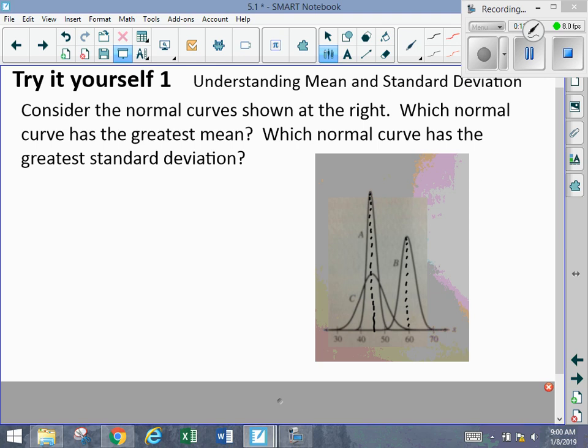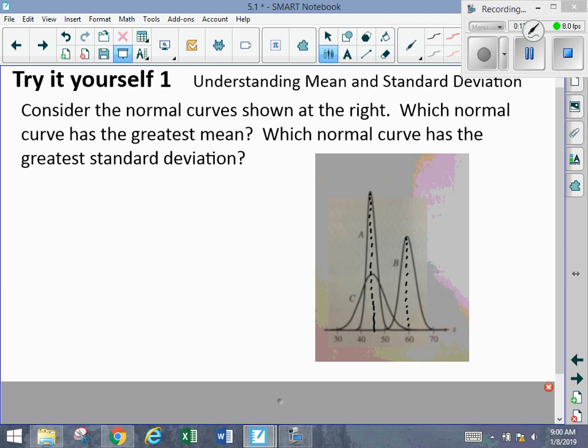But why would it be greater if there's more? If there's more, A would be greater than B. Are we talking about standard deviation or mean right now?